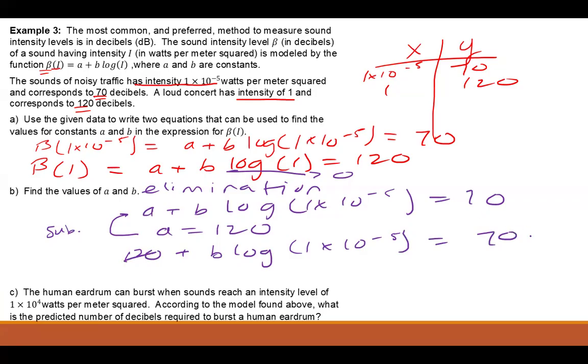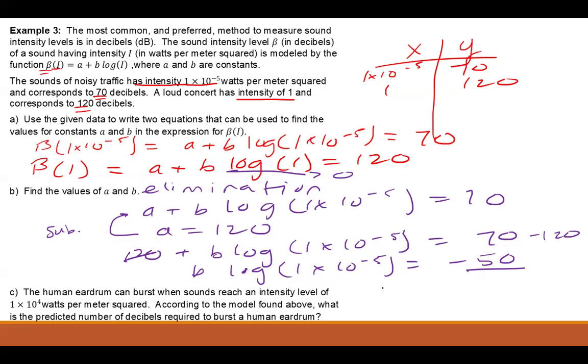I'm going to subtract 120. And we get b log of 1 times 10 to the negative 5 equals negative 50. And the last thing to do to get b by itself is to divide by log of.